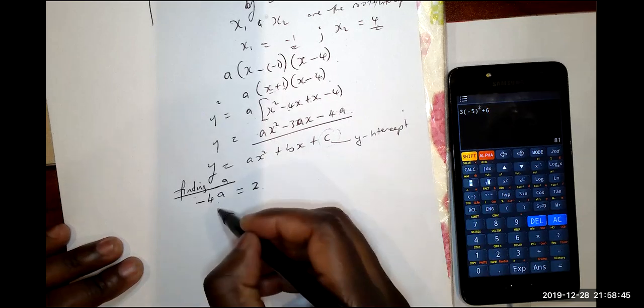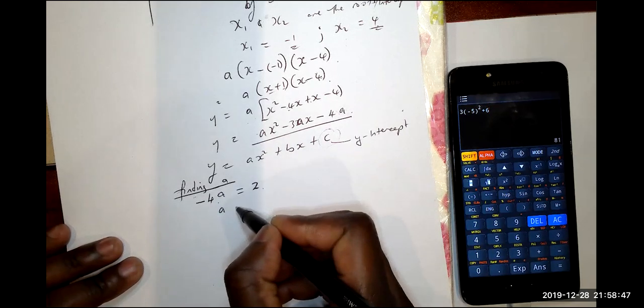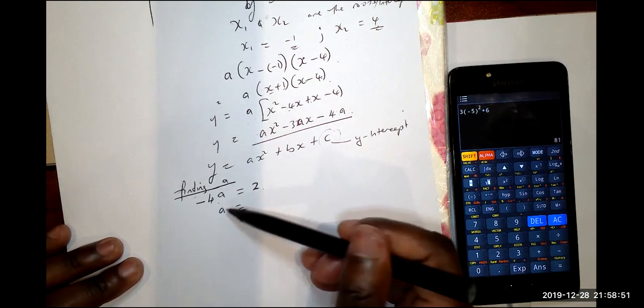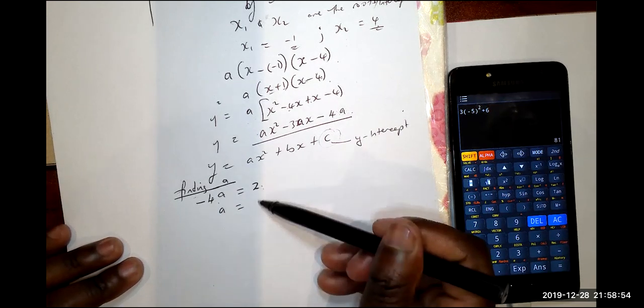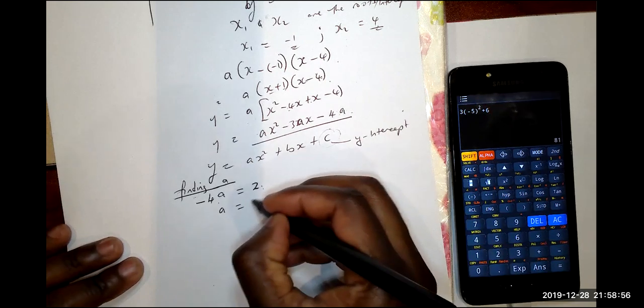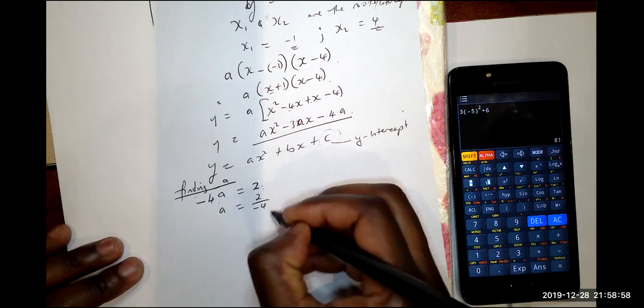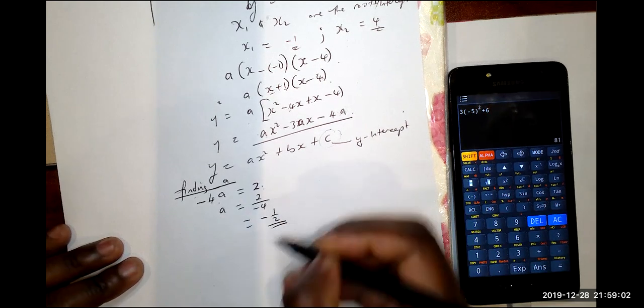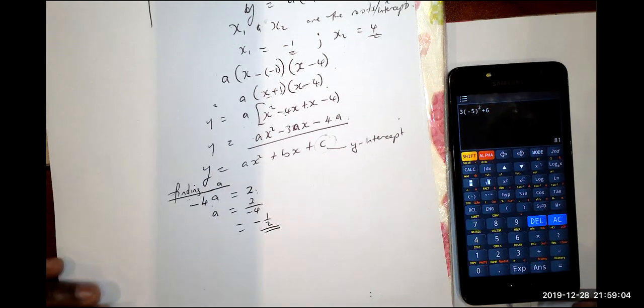Now, how do you get the a? A is going to be equal to 2 over negative 4, which is going to give us negative 1 over 2. That's our a.